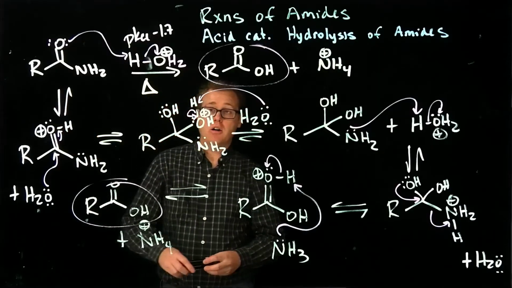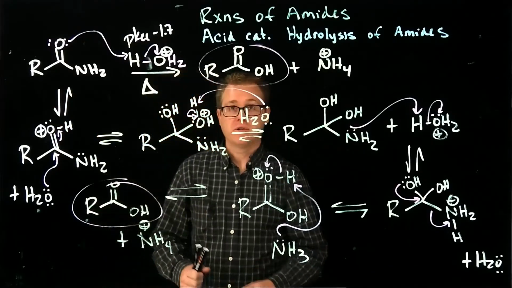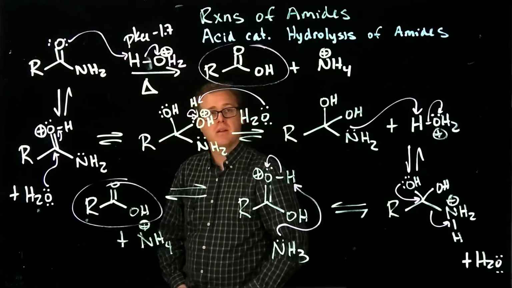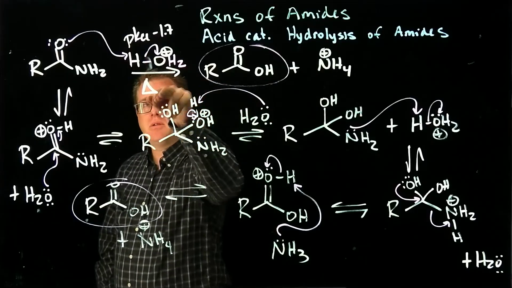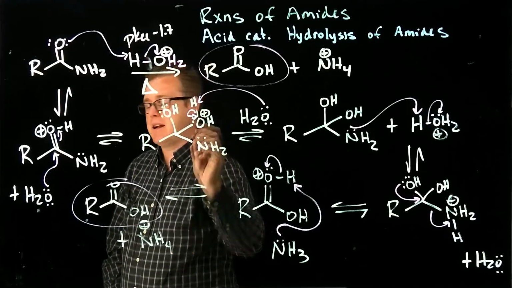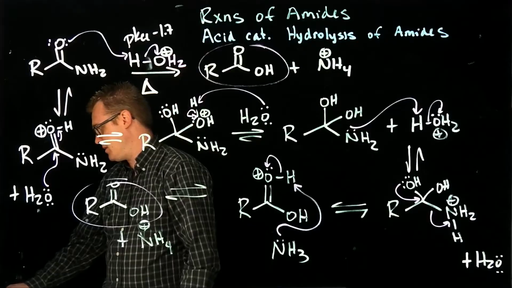Amides can also be hydrolyzed under basic conditions. So that's the reaction that we're going to look at next. This one was acidic conditions. Now we will look at basic conditions.